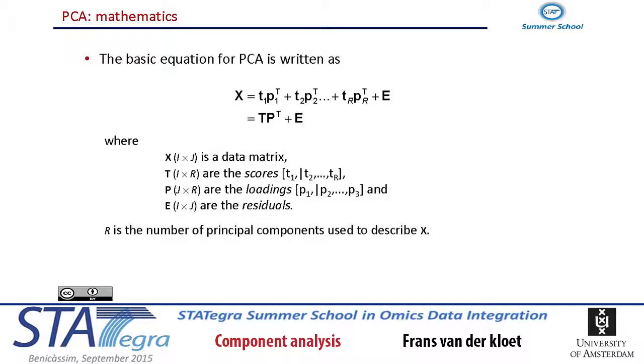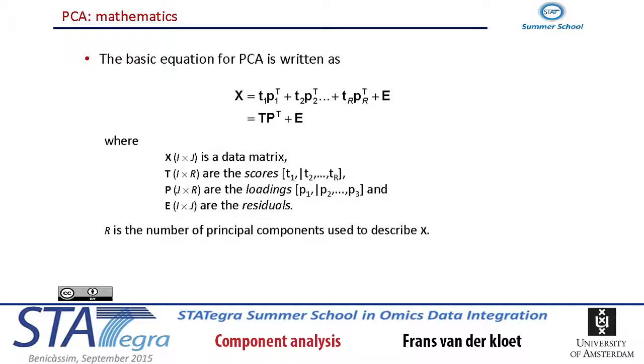There's no way getting around this. This is the core of PCA in terms of loadings and scores. The basic equation for PCA, we can write as my X matrix, that's my whole data set, is my first score matrix times my loading matrix, plus the second one, and so on, plus an error term.